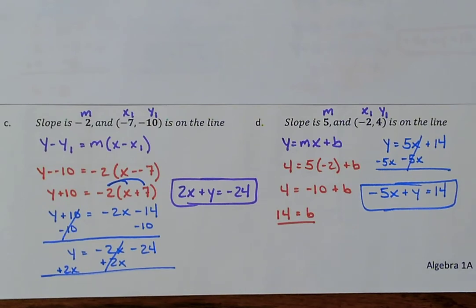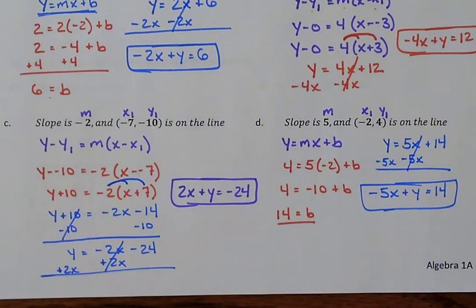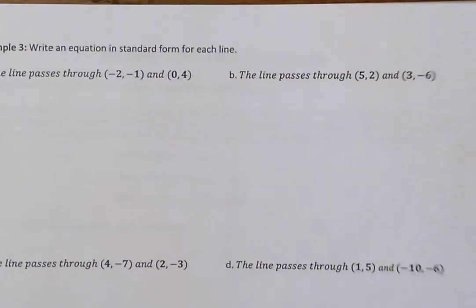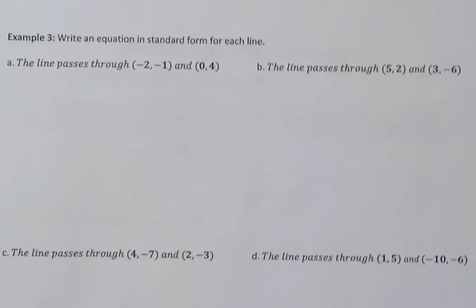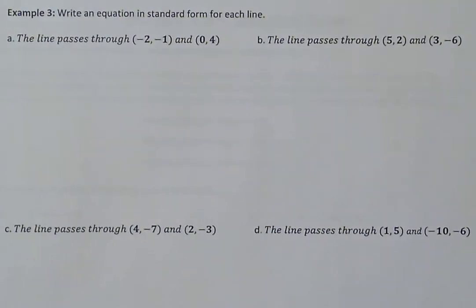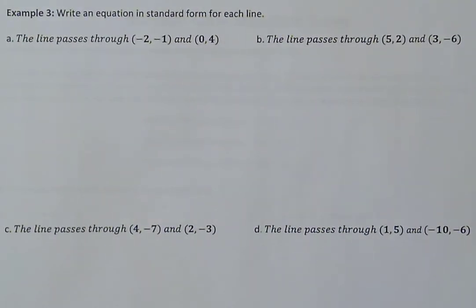So, matter of preference to you on which way you would prefer to do that. All right, so that is example 2 when they give you your slope and they give you a point and ask you to write it in standard form. Example 3 is going to ask us to write an equation in standard form for each line when they give you 2 points. So the difference from example 3 to example 2 is they don't tell you your slope.